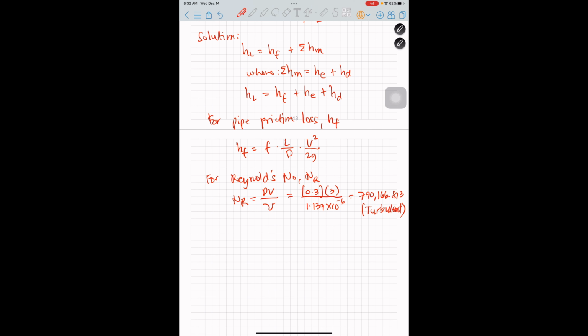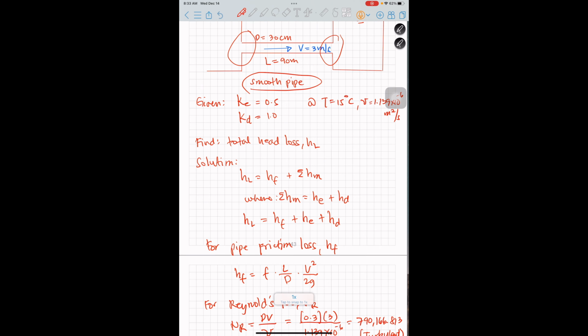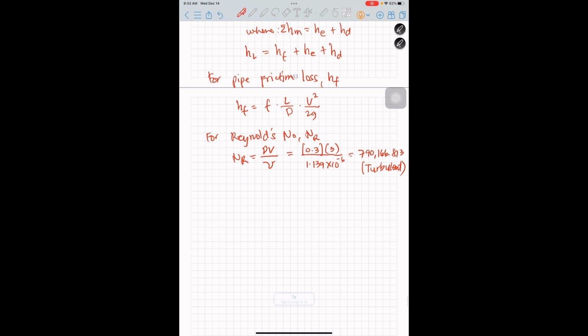Okay. Our pipe here is a smooth pipe where E over D is equal to 0. So the relative roughness of our pipe is approximately equal to 0.